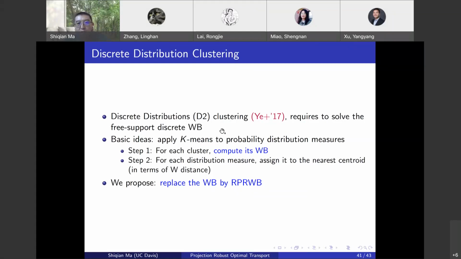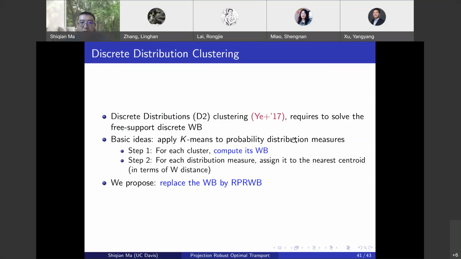Now let's consider the following case. Instead of a set of data points, you're given a set of discrete distributions, and you want to cluster those discrete distributions into the correct clusters. In this paper, Ye et al. proposed to apply the Kmeans idea to probability distribution clustering.